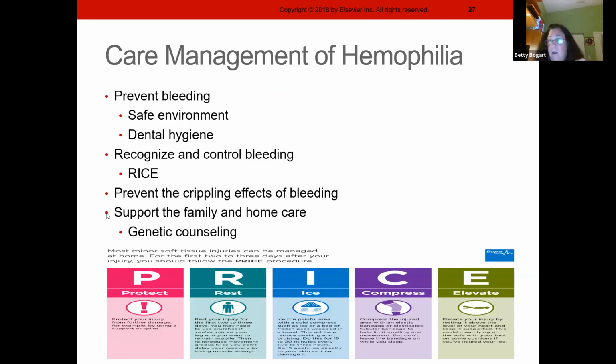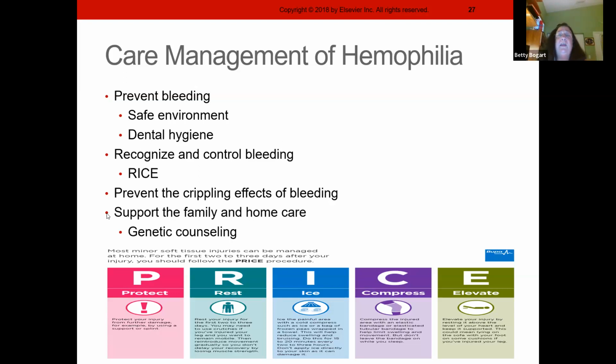If they fall, make sure that they stop and elevate, whatever, knee, elbow, hand, whatever. Make sure it's elevated and that they put an ice wrap on it, and then watch it. If it doesn't stop, then they need to call the physician and maybe give that home infusion. Like that boy who came into the ER, he really didn't need to, but it was only the father who didn't know, should I or should I not? And I just want to be safe.